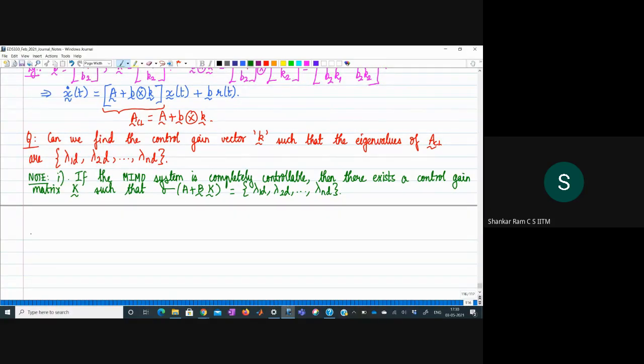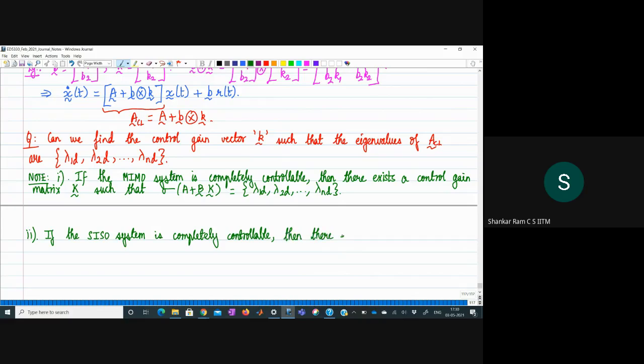Now applying the same thing for the SISO system. If the SISO system is completely controllable, then we get an interesting result.